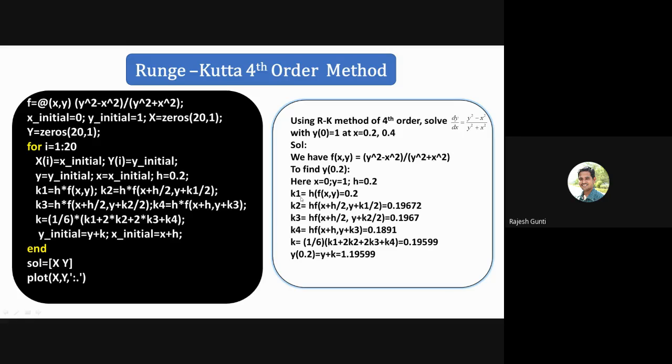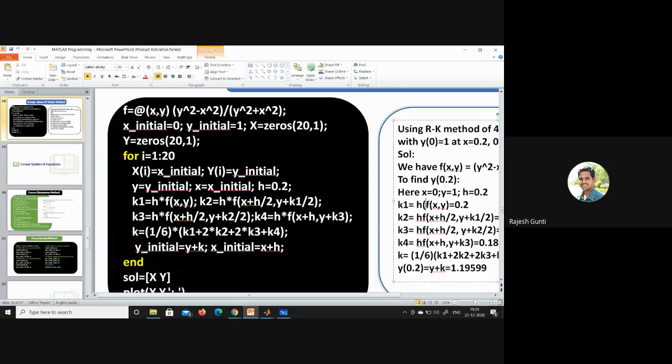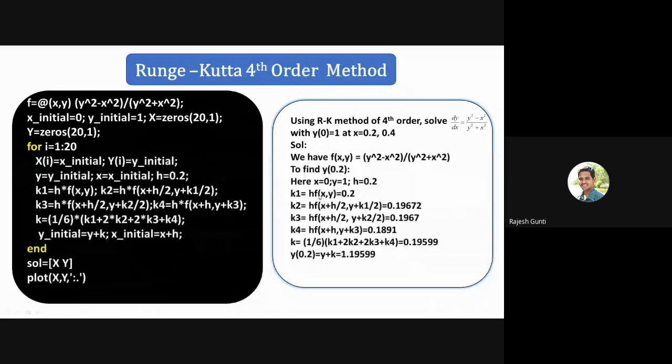First we will calculate k1 value. K1 is h into f of x,y. H is 0.2, and f of x,y means the right hand side value at x is equal to 0 and y is equal to 1. This is the value.